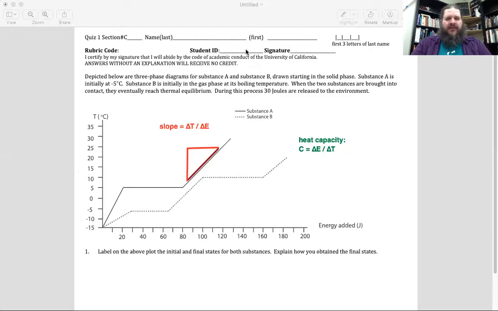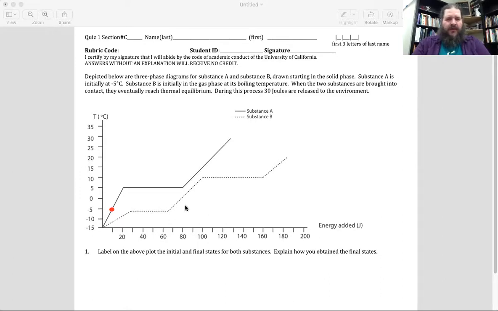So let's see if we can piece together what's happening here. We have substance A and substance B mixed together, and I think it tells us information about the starting conditions. We know substance A is initially at -5 degrees, so let's mark that on the graph. Substance A begins at -5 degrees, presumably in solid phase. And substance B, let me just mark that as initial.